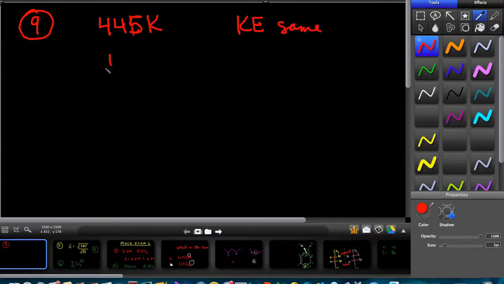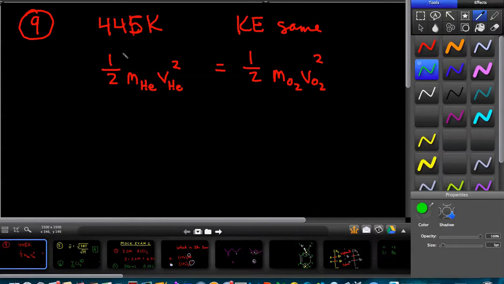So that means that 1/2 mass of helium times the velocity of helium squared is equal to 1/2 the mass of molecular oxygen times the velocity of molecular oxygen squared. Of course, the 1/2s cancel.